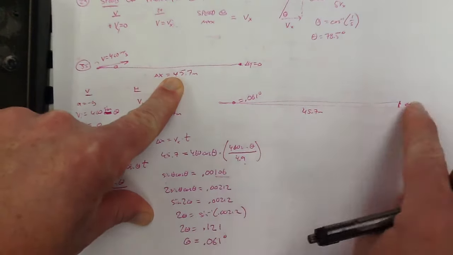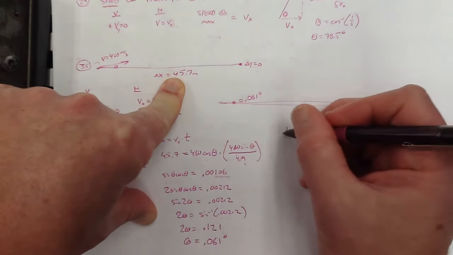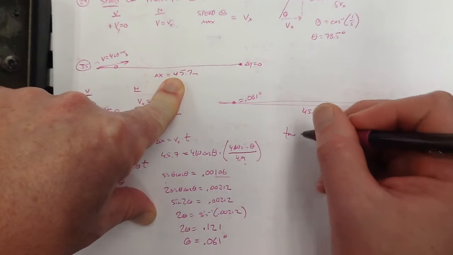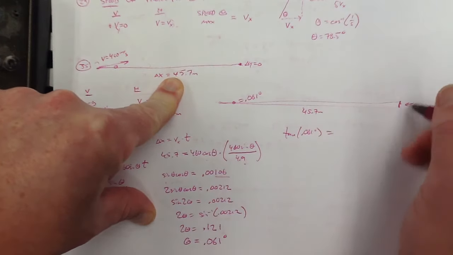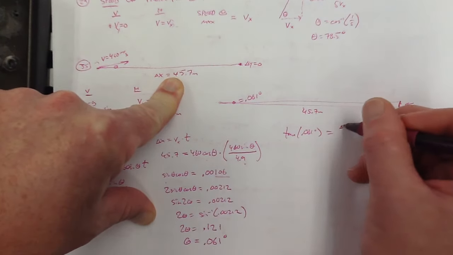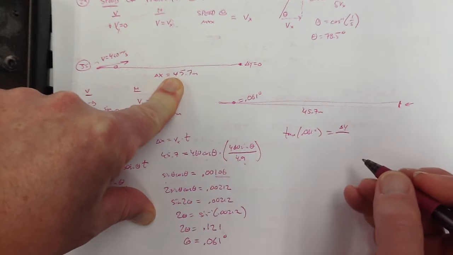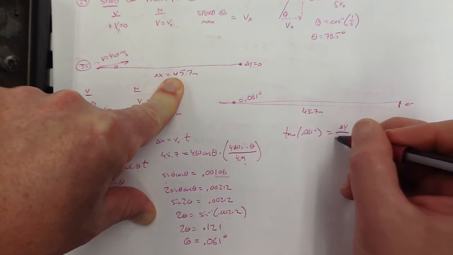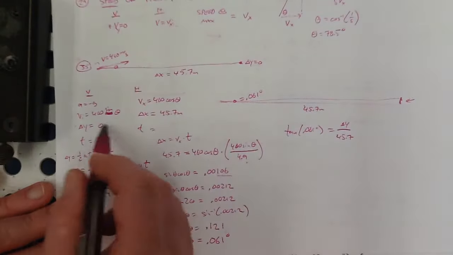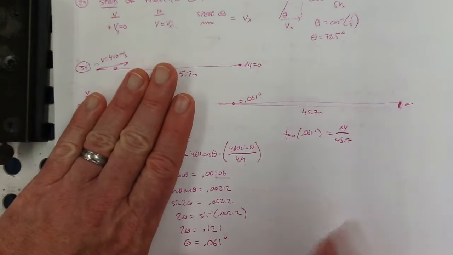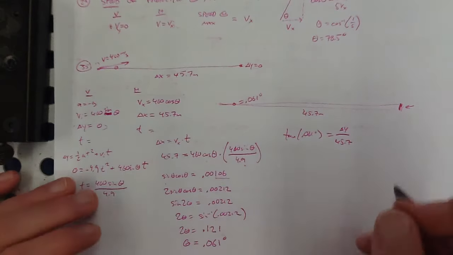So that's the opposite to this. So the tangent of 0.061 degrees is equal to this thing that I'm looking for, this little delta y, over 45.7. It's not to be confused with this delta y. This is the little how much higher you would have to aim.